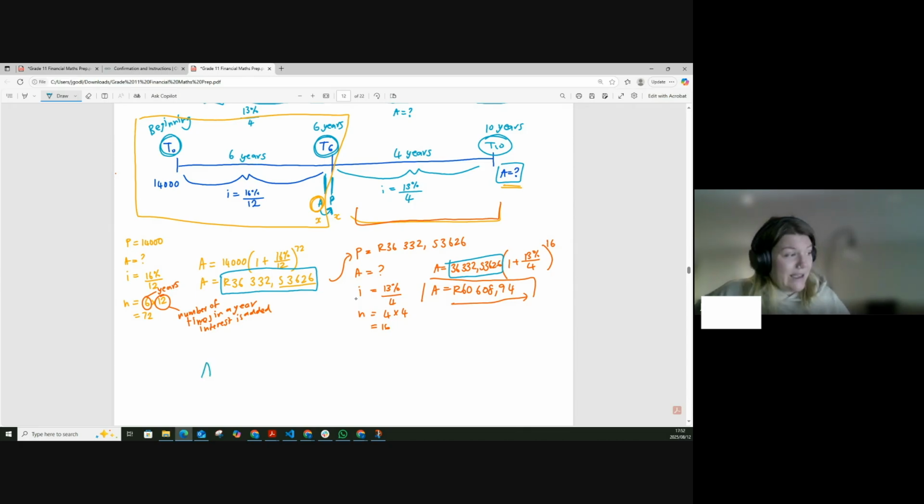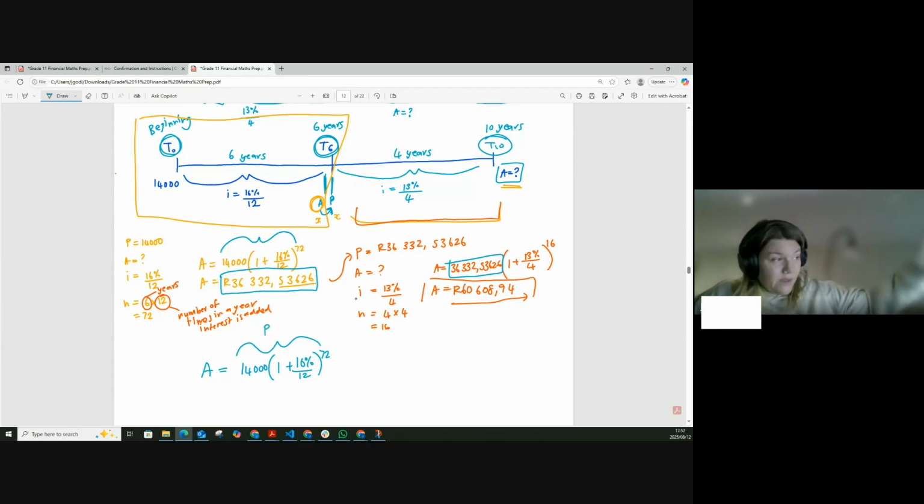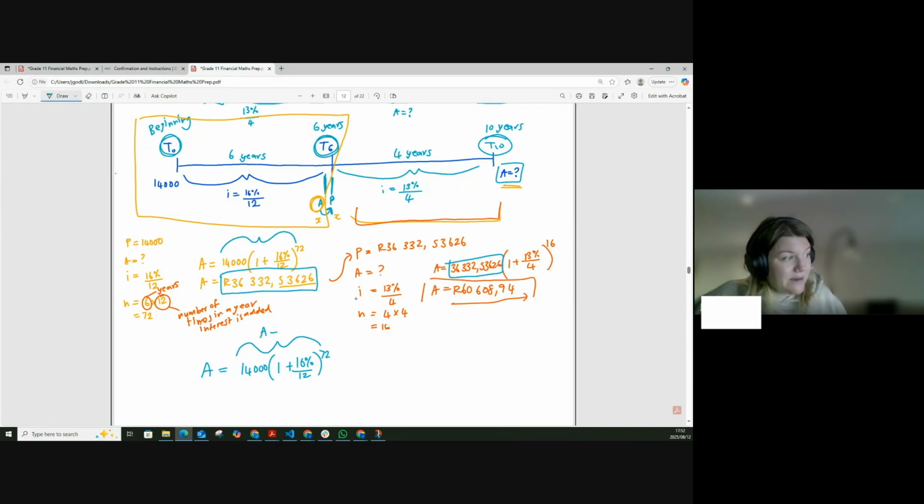We can say A is equal to 14,000 times (1 plus 16% over 12) to the power of 72, because that was our A for our last one, and it became our P for this one. And then times (1 plus 13% over 4) to the power of 16. And you will get your beautiful answer.